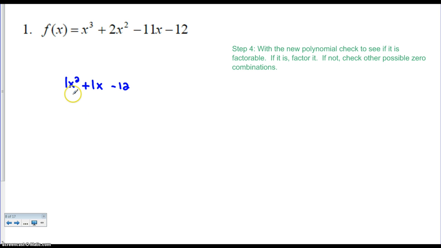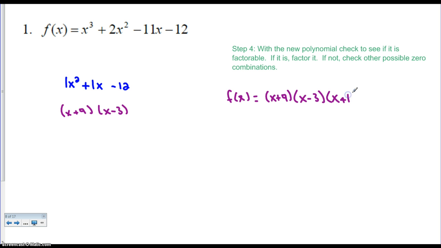So I look at this. Is this factorable? Well, it turns out to be x plus 4 times x minus 3. This is factorable. So now I know that the fully factored form of this is x plus 4, x minus 3, x plus 1.